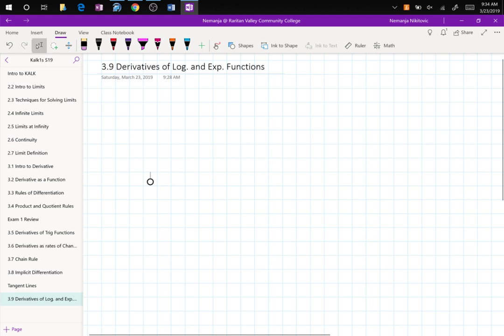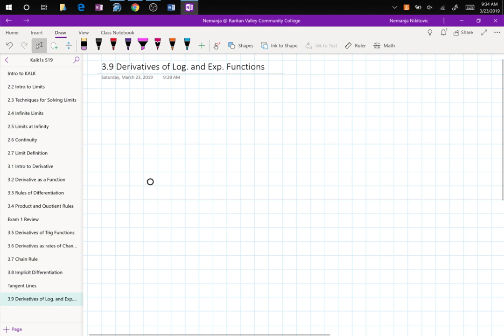We are going to take a detailed look at derivatives of exponential and logarithmic functions and learn the most powerful differentiation technique that there is.